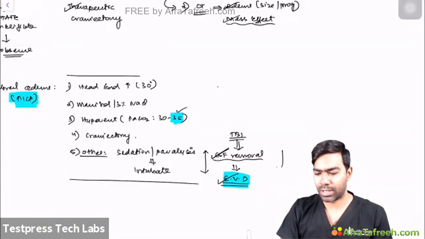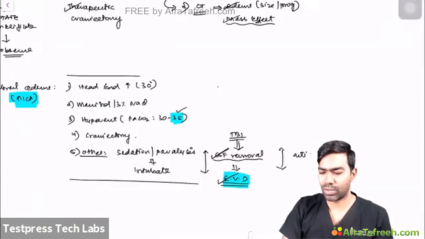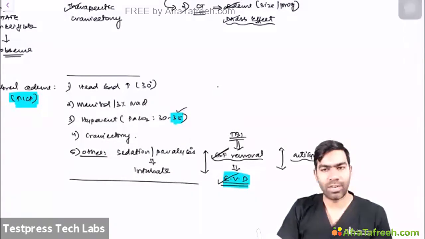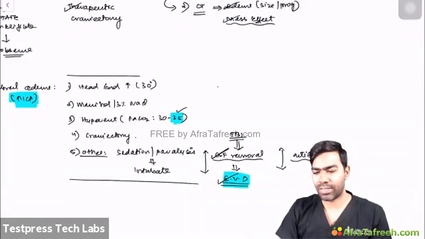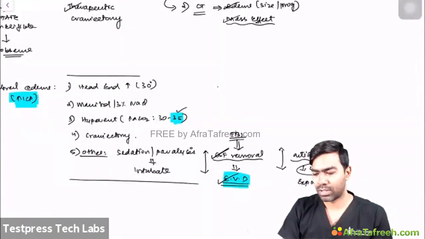And antiepileptics are very controversial, and the quality of evidence is very poor. If the patient is having a low GCS, and if you don't have continuous EEG monitoring in your setup, if the patient is having low GCS and expanding edema, you can give prophylactic antiepileptics, but low quality evidence. That has to be stated.